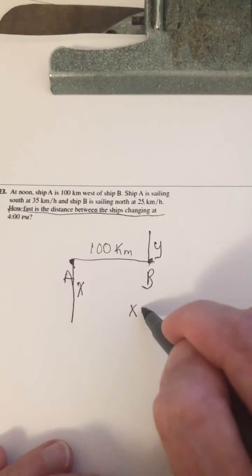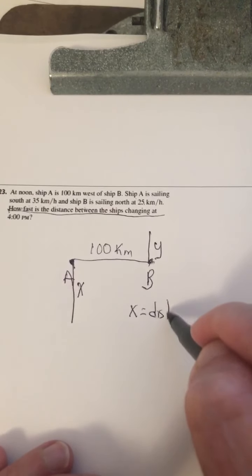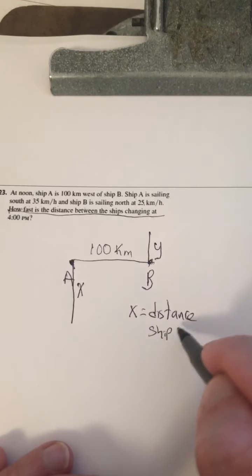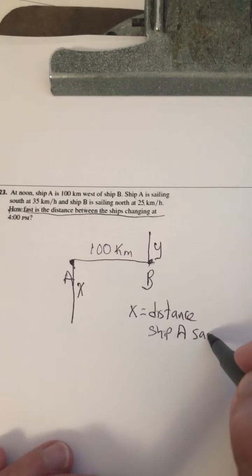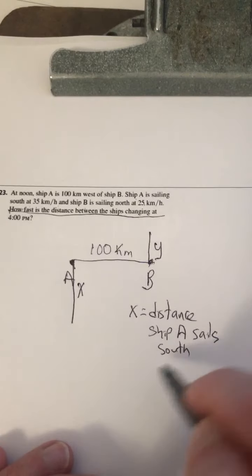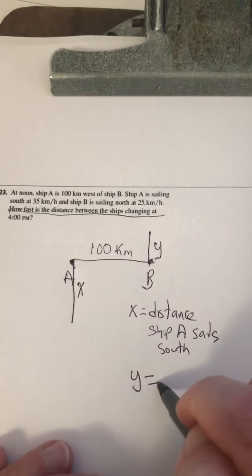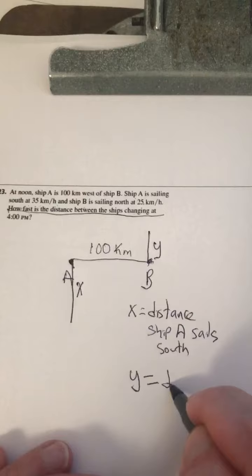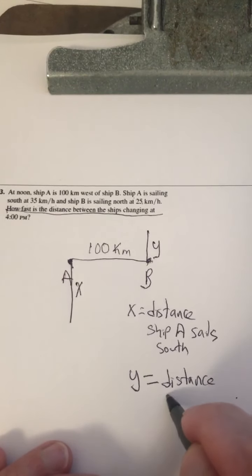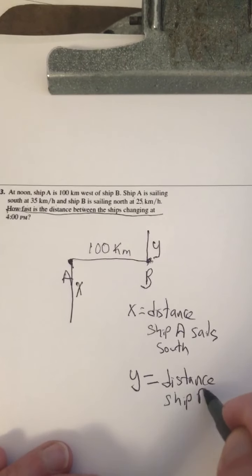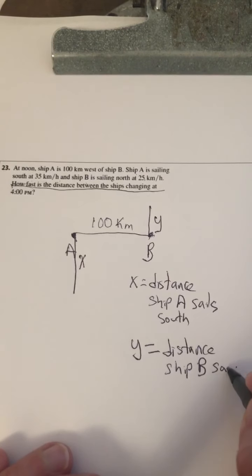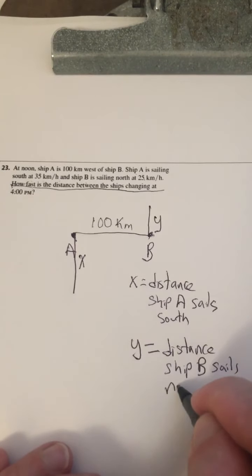What is x? x is the distance ship A sails south. What is y? y is the distance ship B sails north.